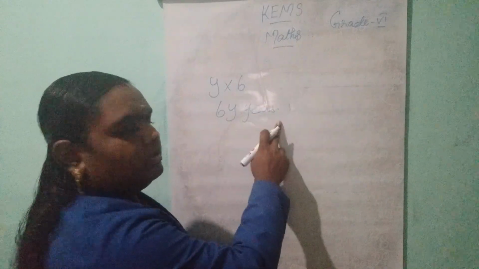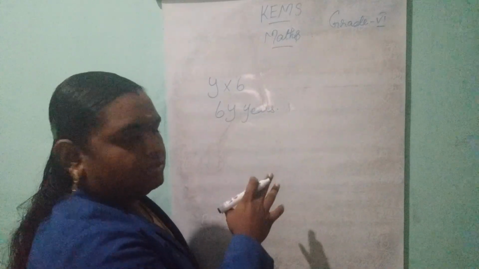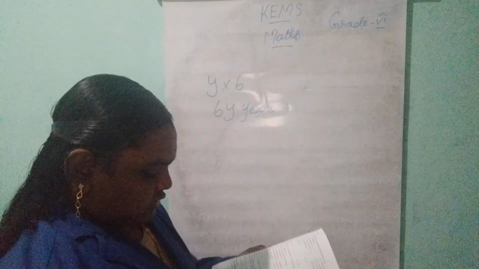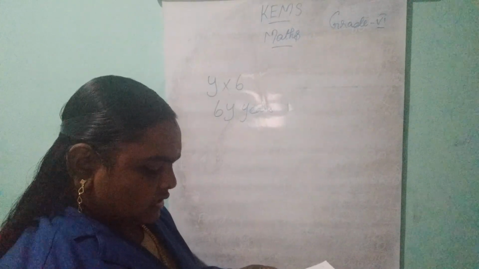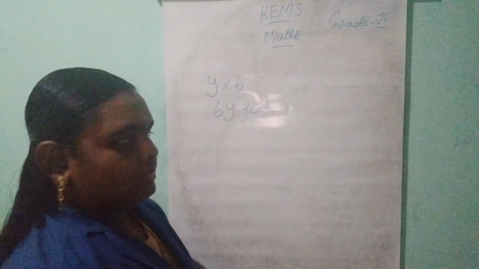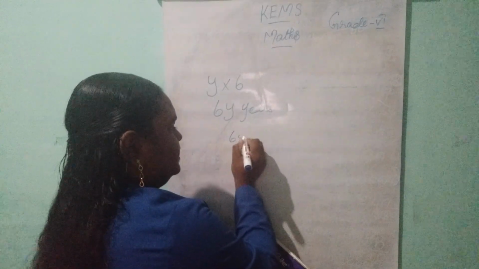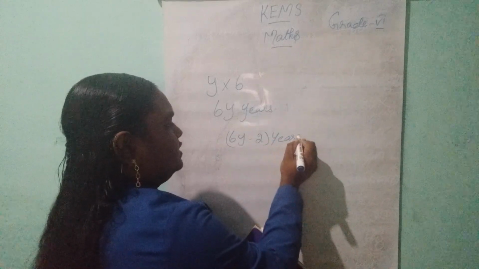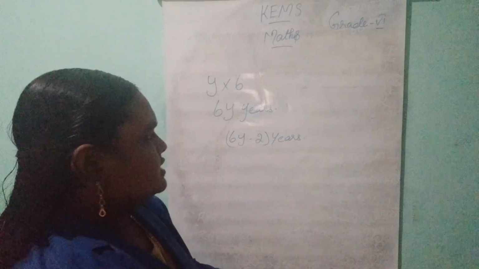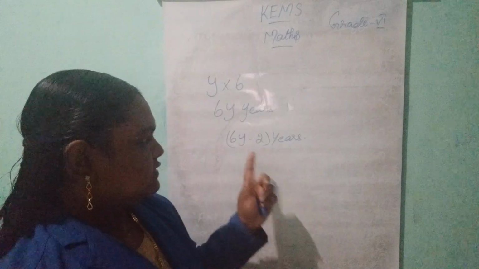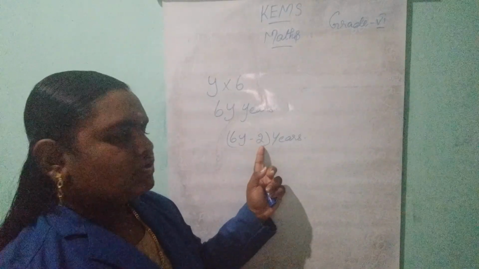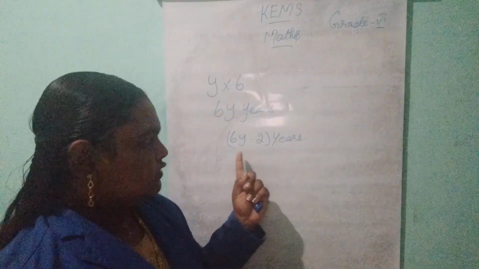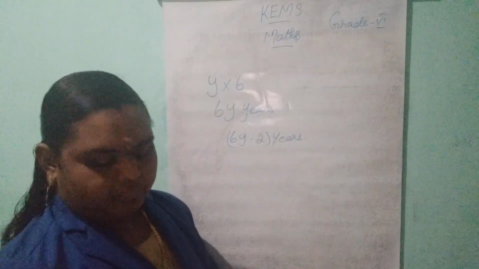Since she is 2 years younger, the grandmother's age is 6Y minus 2 years, because 6Y is the grandfather's age and she is 2 years younger than him.